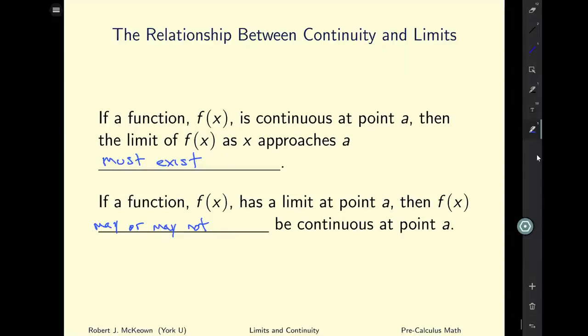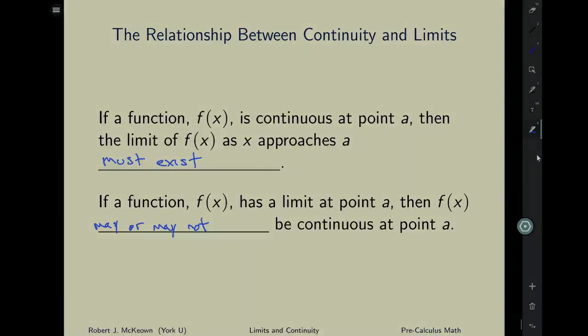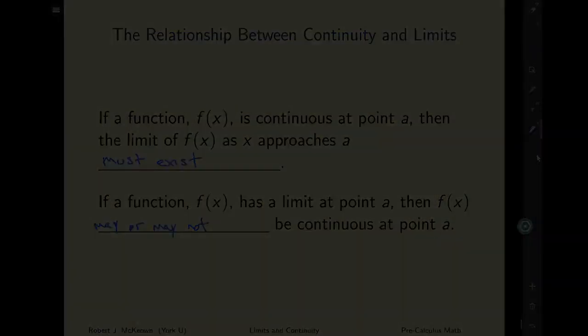And so this ties it together, and this is just a very general, light introduction to continuity and limits. We'll certainly be using limits later in the course when we start talking about calculus.